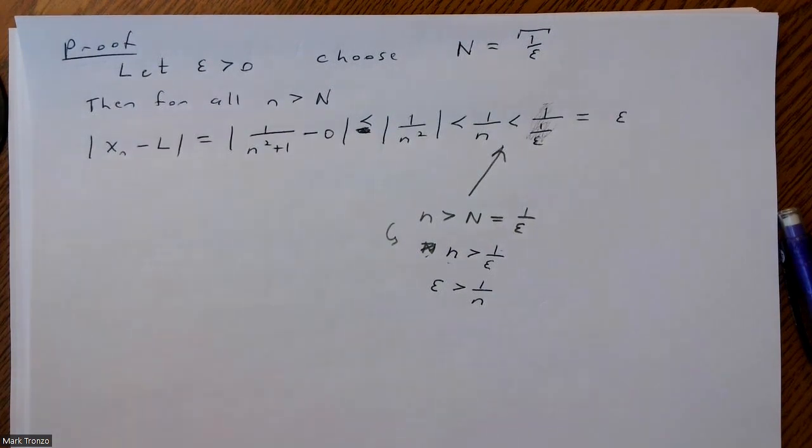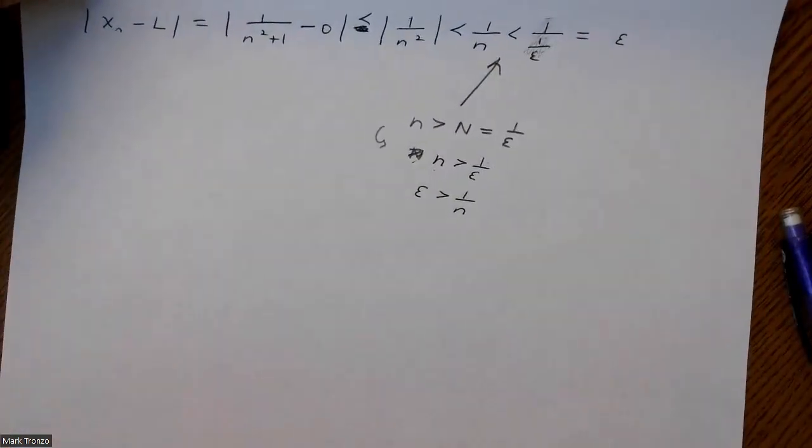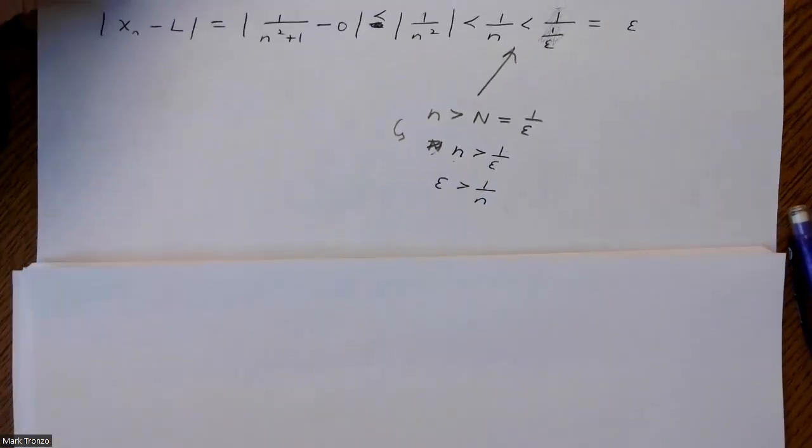Okay, let me go through a few more here. Let me do at least 1 or 2 more. It sounds like it's probably clear you guys are understanding it, but let me just do another one.